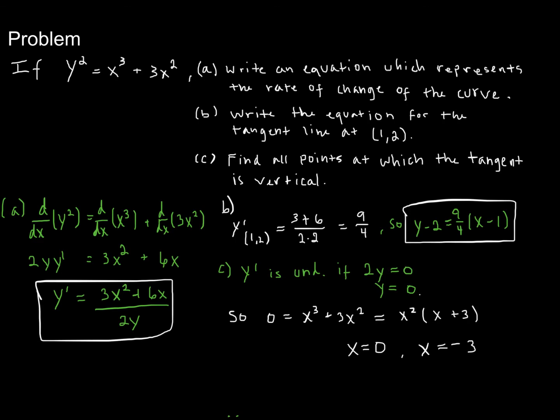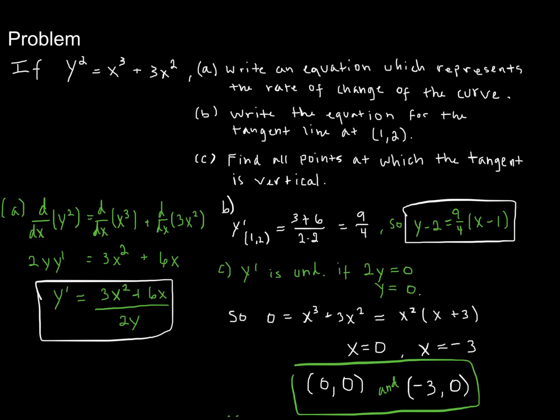Because the slope will be vertical whenever y is 0, and when y is 0, I have 2 corresponding possible x values, which will give me 2 points. So the points are 0, 0, and negative 3, 0. At those 2 points, the tangent to the curve will be vertical.